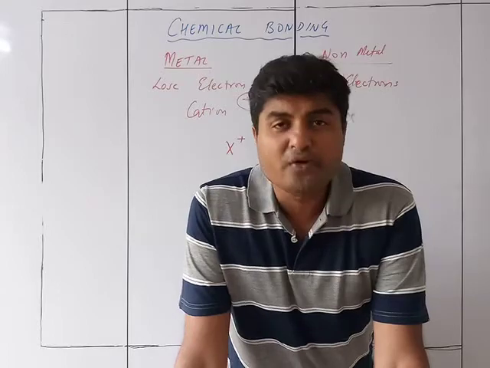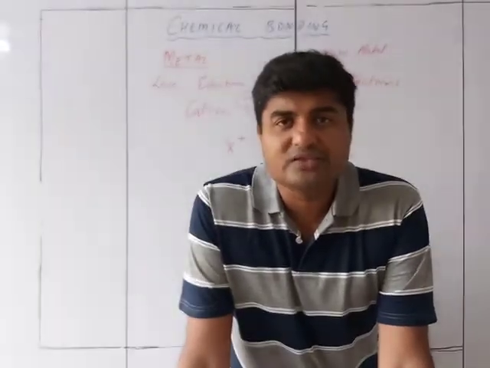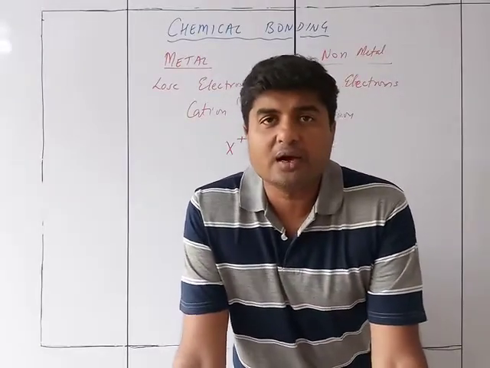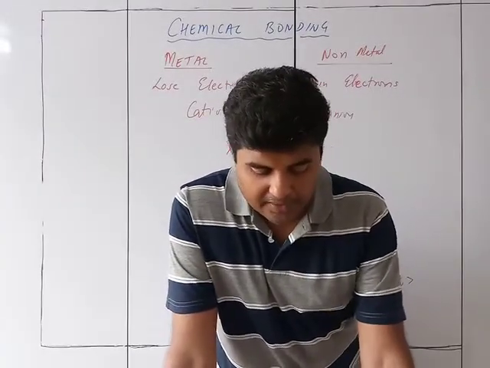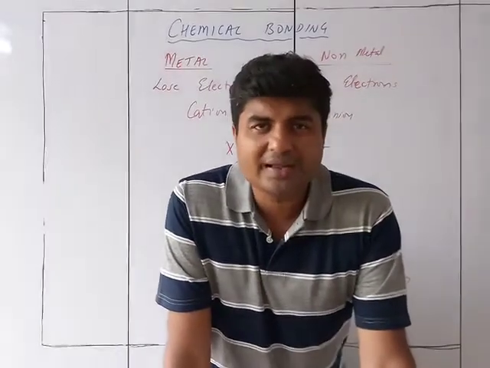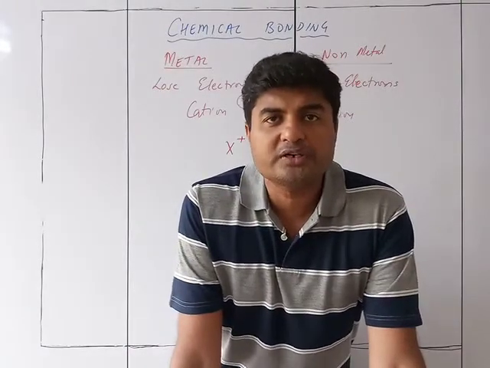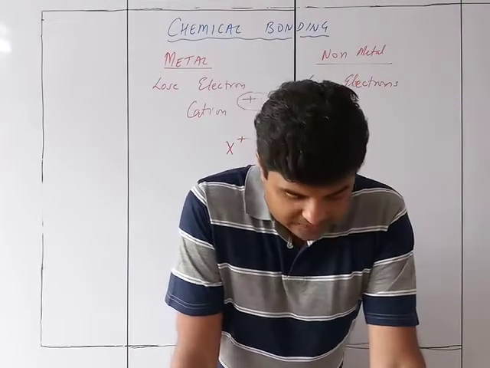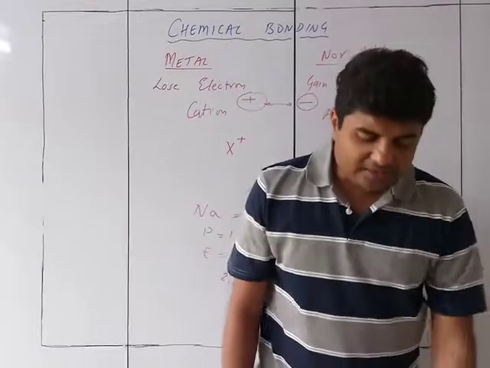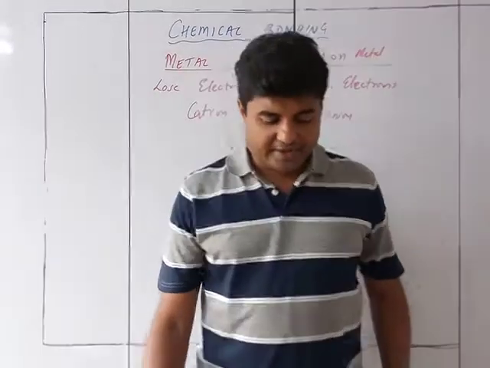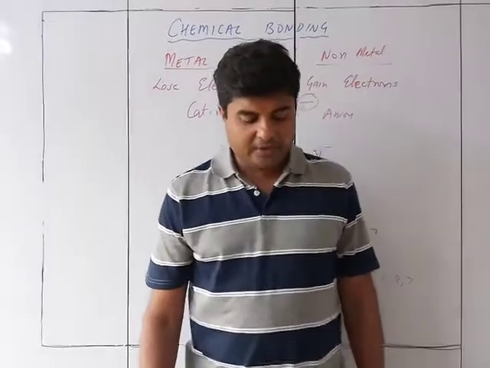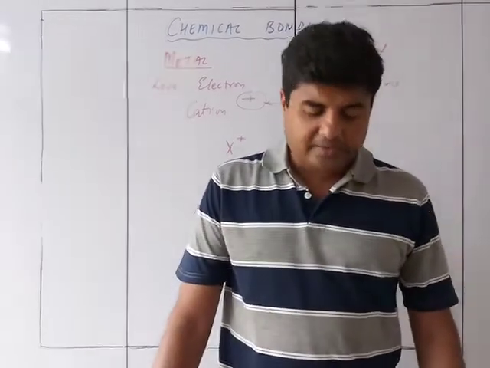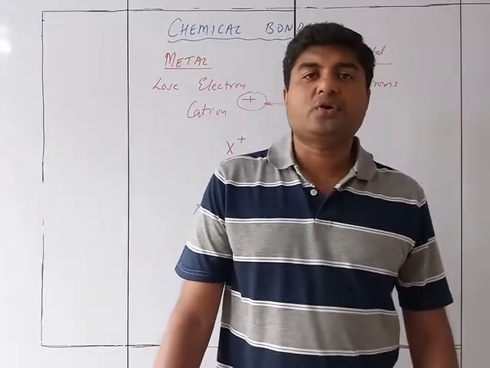The chemical compound formed as a result is called an electrovalent compound or an ionic compound, which is nothing but the combination of a metallic and a non-metallic, or electropositive and electronegative, elements. Electrovalency is the number of electrons donated or accepted by the valence shell of an atom of an element so as to achieve a stable electron configuration.